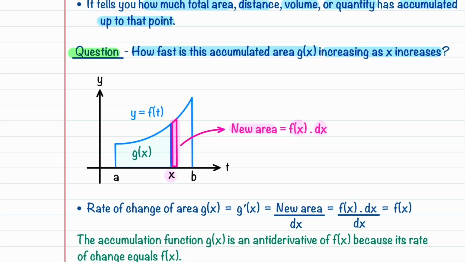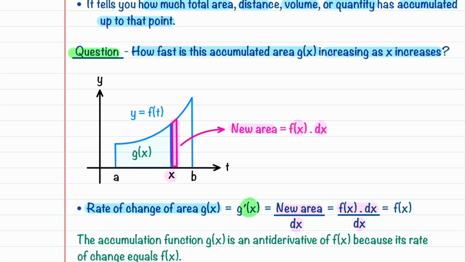To find how fast this accumulated area g of x is increasing as x increases, we need to look at the rate of change of the area g of x. That rate of change is equal to the derivative of g of x, and it's equal to the new area divided by dx. Up above, we saw that the new area was f of x times dx.